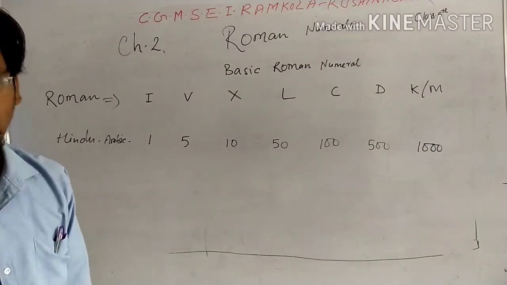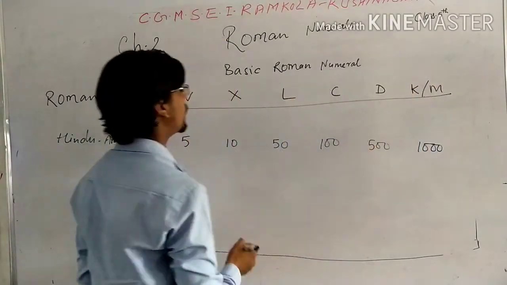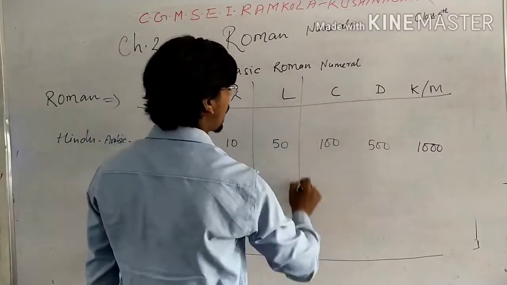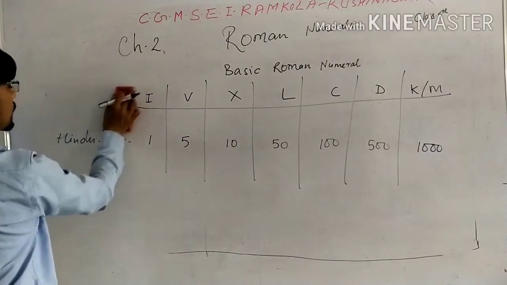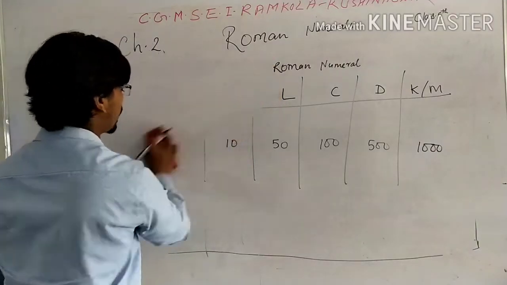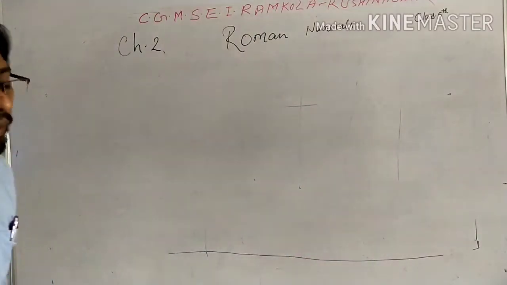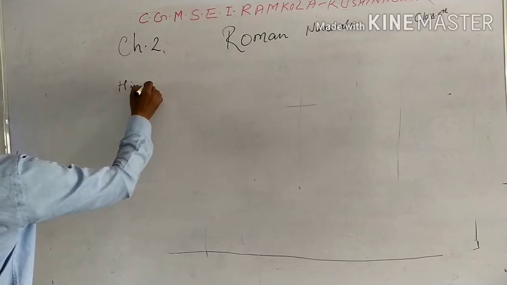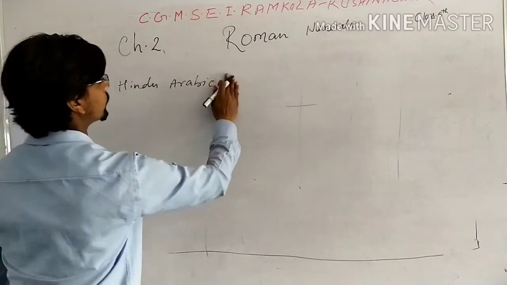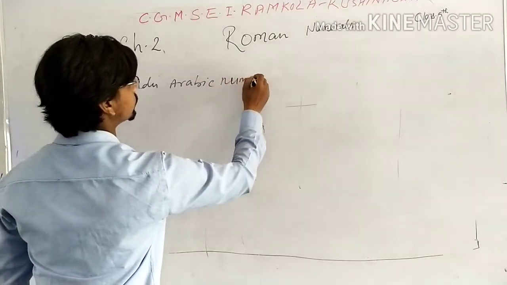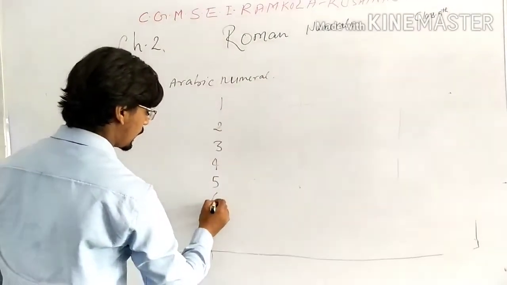You have to pay attention to these basic Roman numerals, because after learning them, you can write many kinds of numbers. Suppose you start from the counting numbers in the Hindu-Arabic system, 1, 2, 3, 4, 5 and so on.